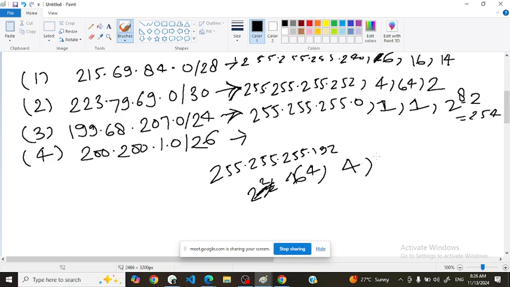Number of valid hosts per network? Which is 64. Number of valid hosts per network? 64 minus 2. Yeah, sorry. Yeah, minus 2, sorry. Yeah, 62.